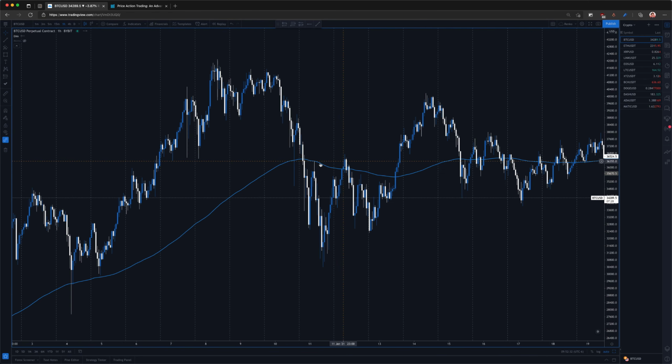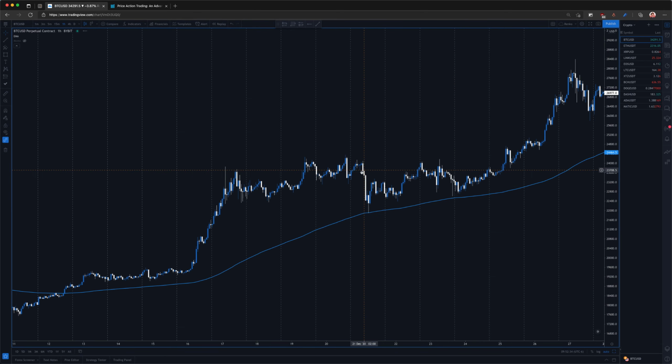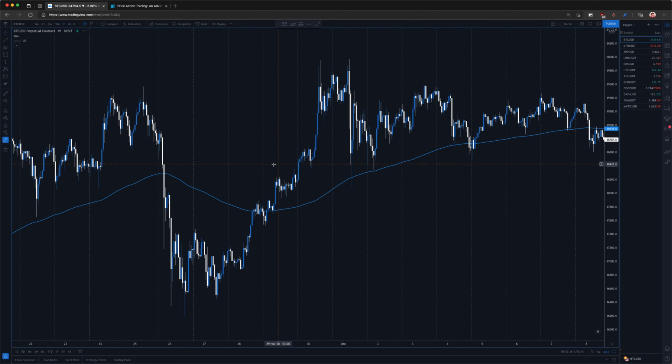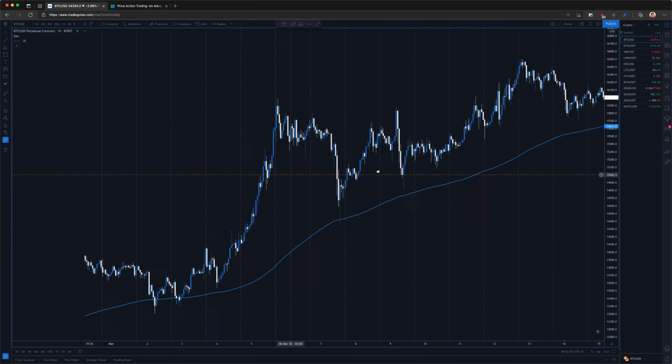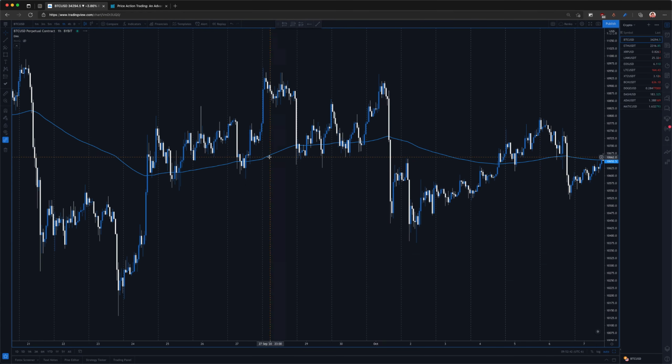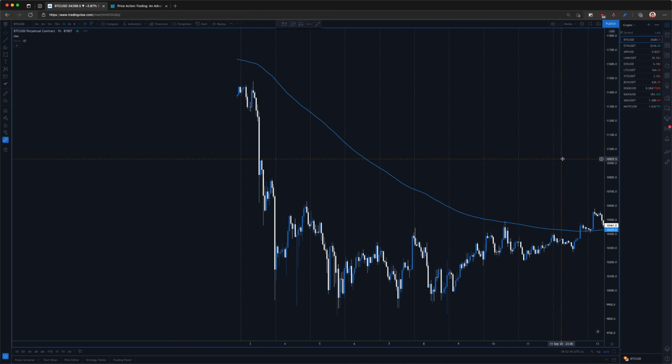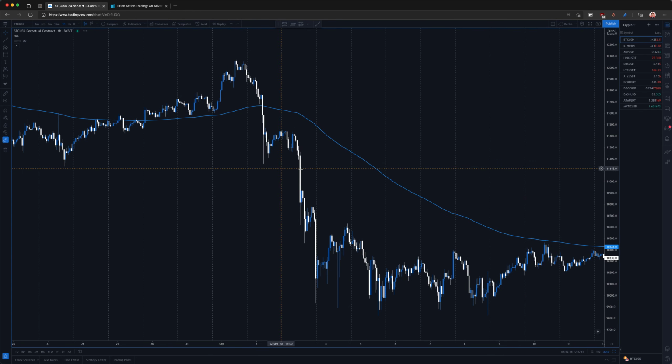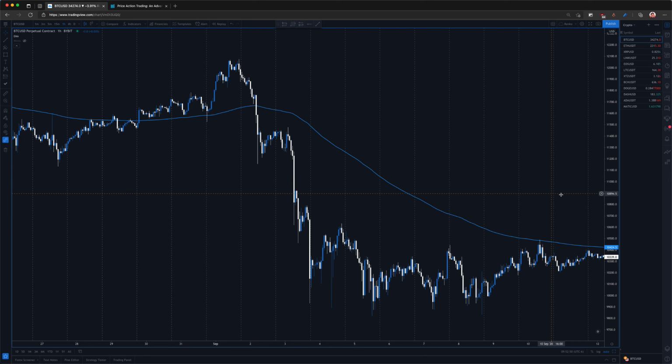But nevertheless, if we're not able to show a profitable strategy during this period, then we know there isn't much edge, especially in a trending market like this, where we want to be looking primarily for buy-side trades. So let's take a look where we are, and let's continue on.